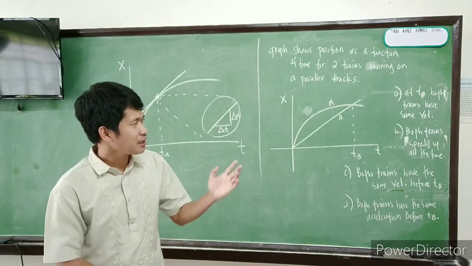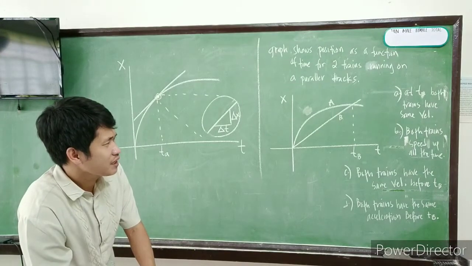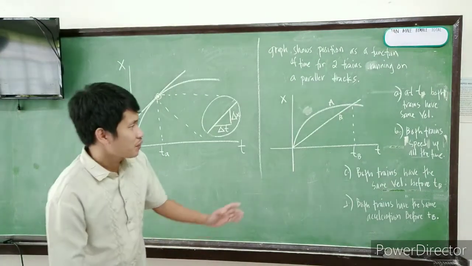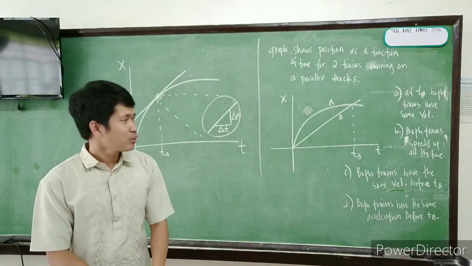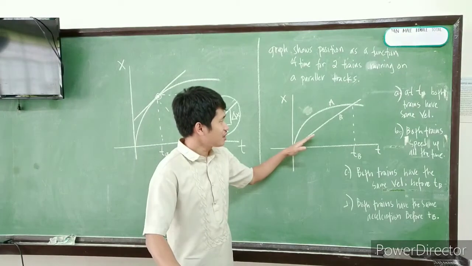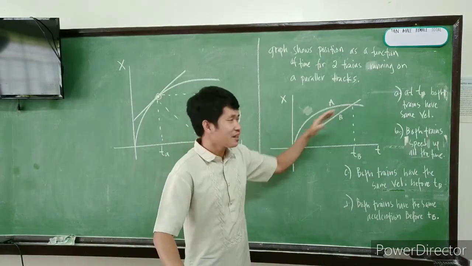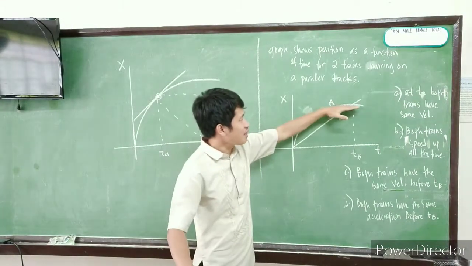Okay, so, how about letter A? At time t sub b, both trains have the same velocity. Oh. False na kaagad yung letter A, ano? Kasi, kita mo na kaagad na yung train B has a constant velocity. Okay? And yung train A, at this point, baka nga at-rest siya dito.